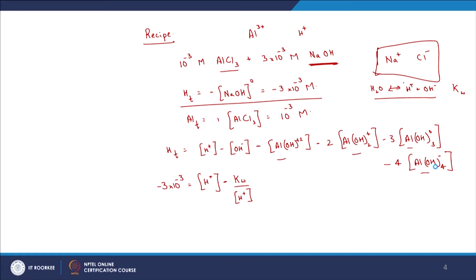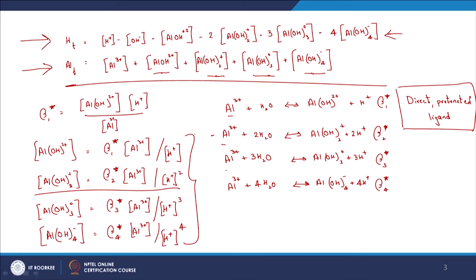And how can I express these variables here now? I can express them in terms of what we calculated earlier, in terms of the various variables here.